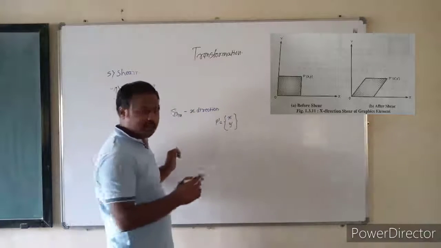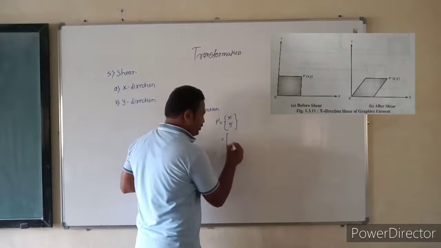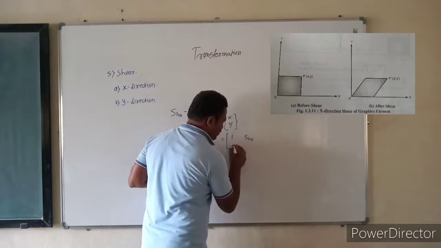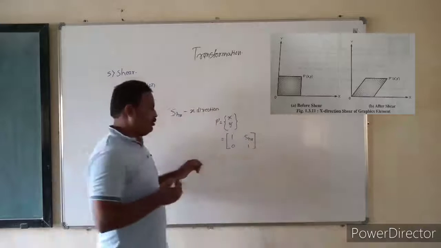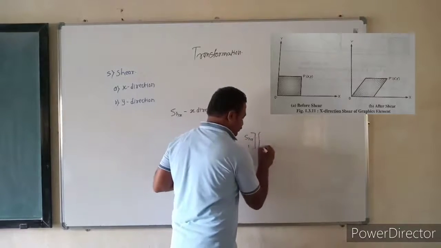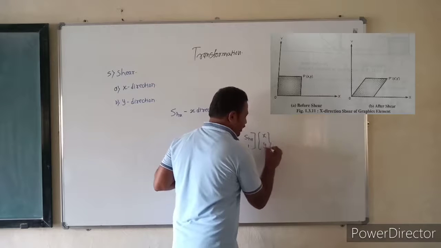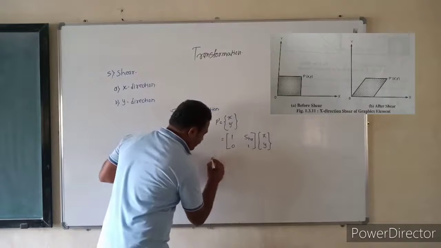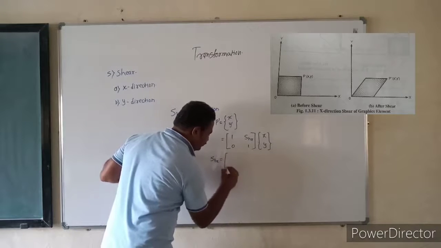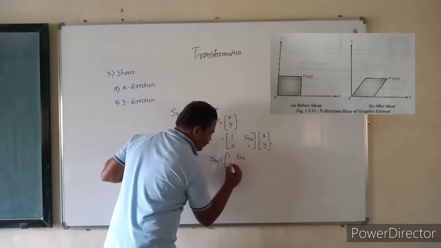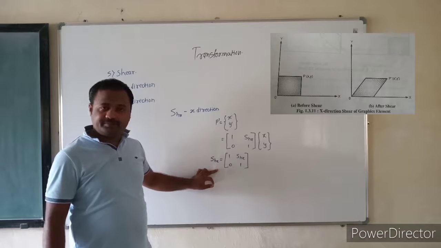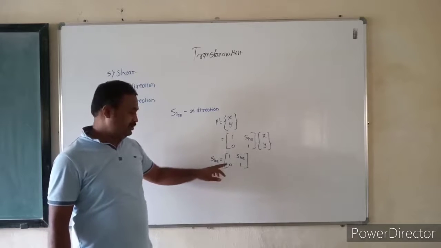X dash y dash is, for shearing in x direction, [1 shx; 0 1] into [x; y]. Therefore, the matrix for shearing in x direction is 1 shx 0 1. It's the matrix for shearing in x direction. Okay, shearing in x direction.